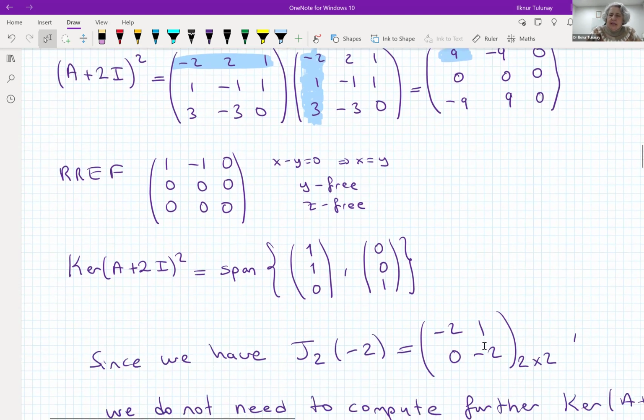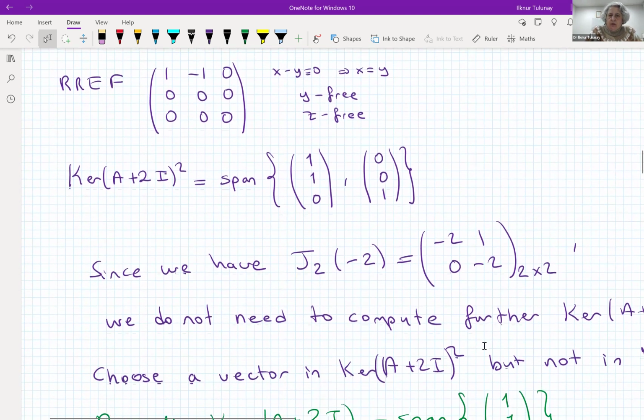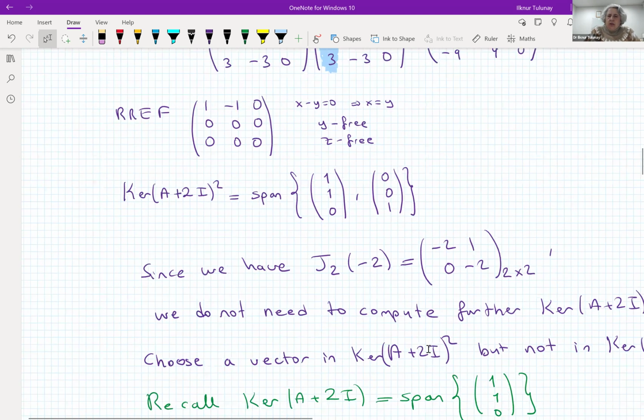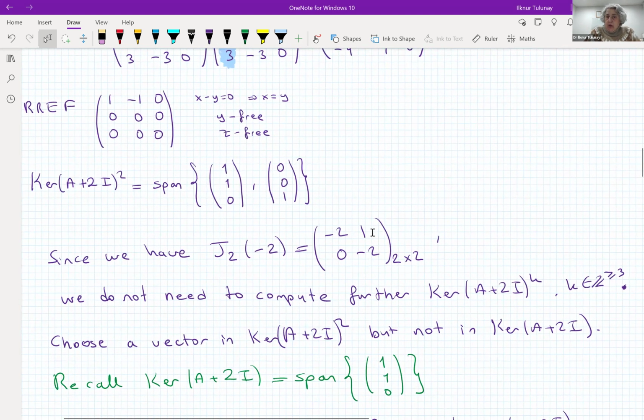Now the next step. What we have here is the Jordan block with -2 on the diagonal and a 1 above, just one Jordan block, a 2 by 2 matrix. So it is enough to calculate up to here because it is just a 2 by 2 block. We need only one step.